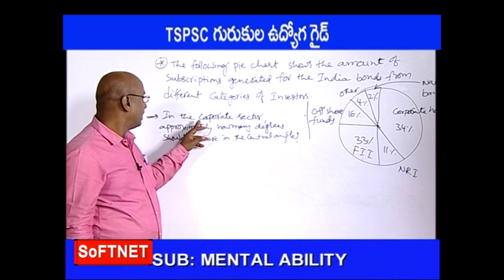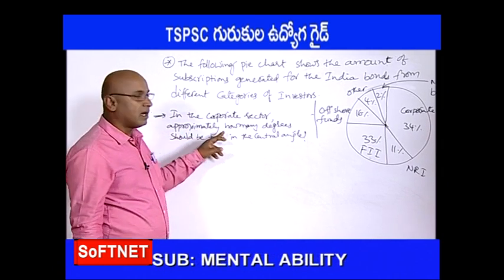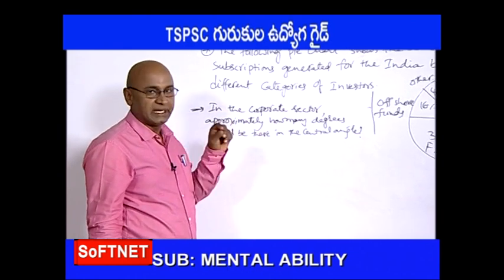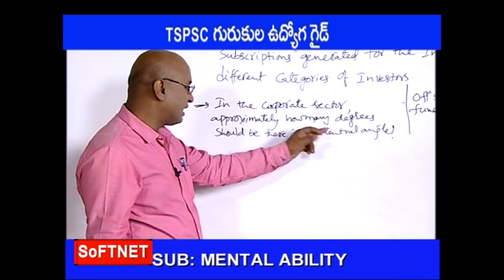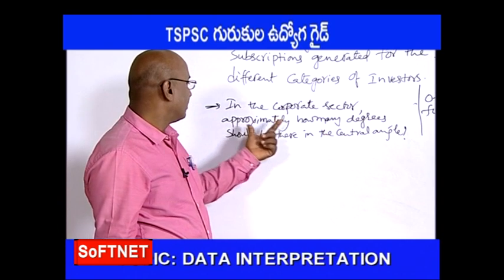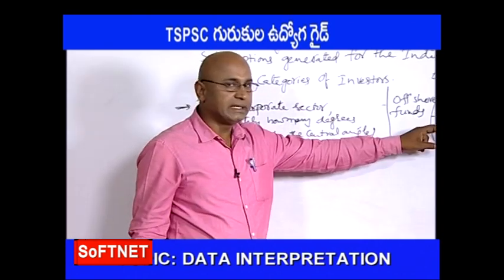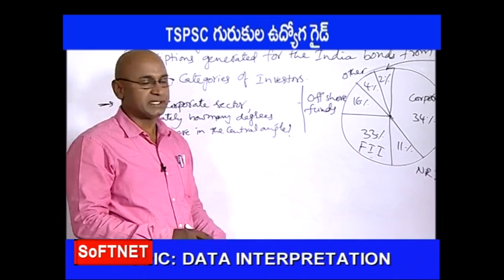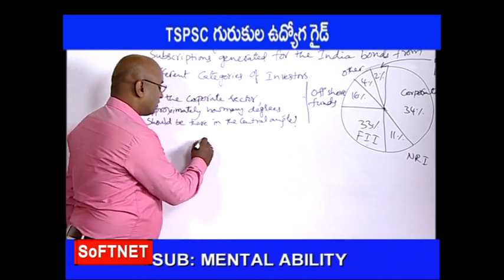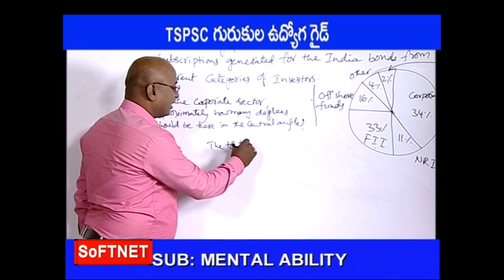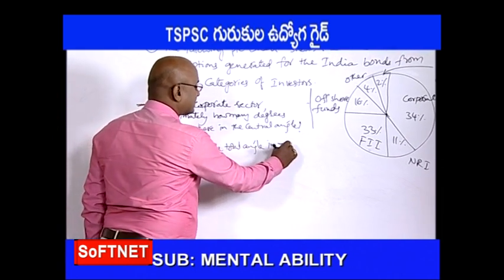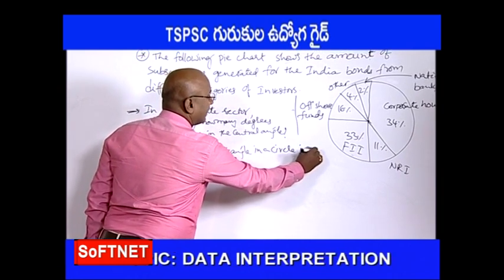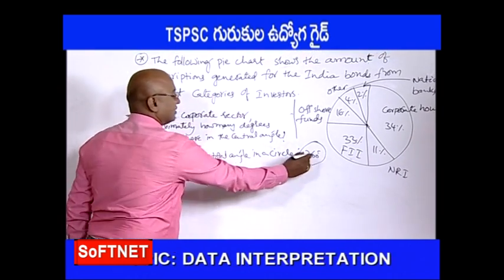See the problem. In the corporate sector, approximately how many degrees should be there in the central angle? So what is the value of corporate sector in terms of degrees? That is the intention of the examiner. Correct? Now we know that the total angle in a circle is 360 degrees.